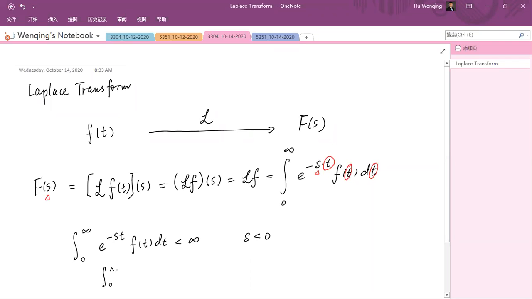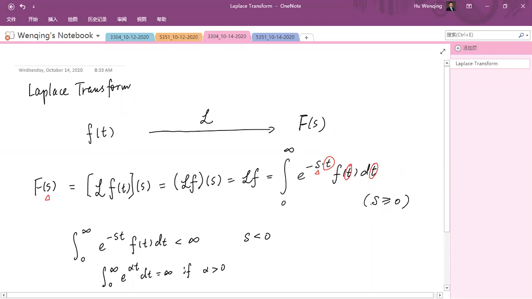Because the integral from 0 to infinity of e to the power alpha t, dt, is going to be infinity if alpha is greater than 0. Is that good, family? So if s is less than 0, you won't have a good convergence for your integral. Therefore, at least you have to assume that s is greater than or equal to 0.